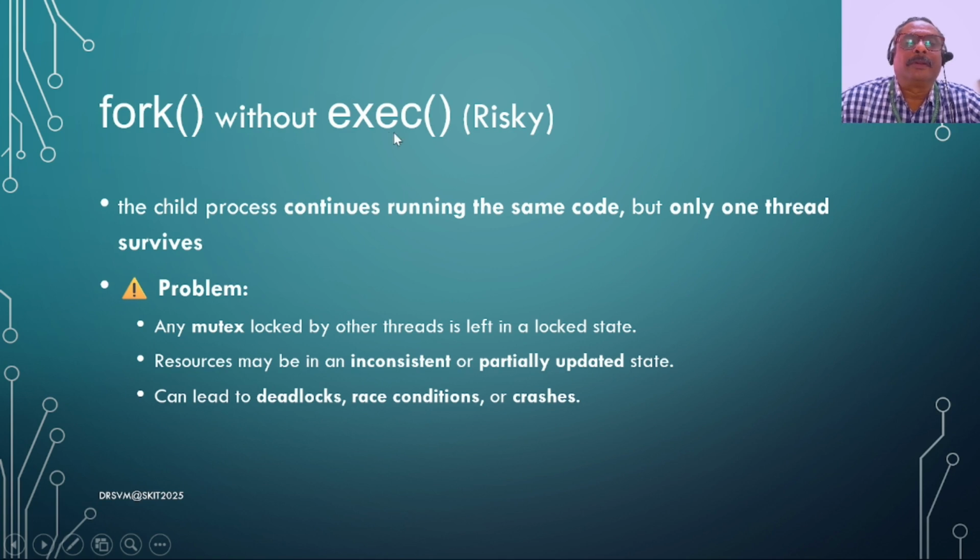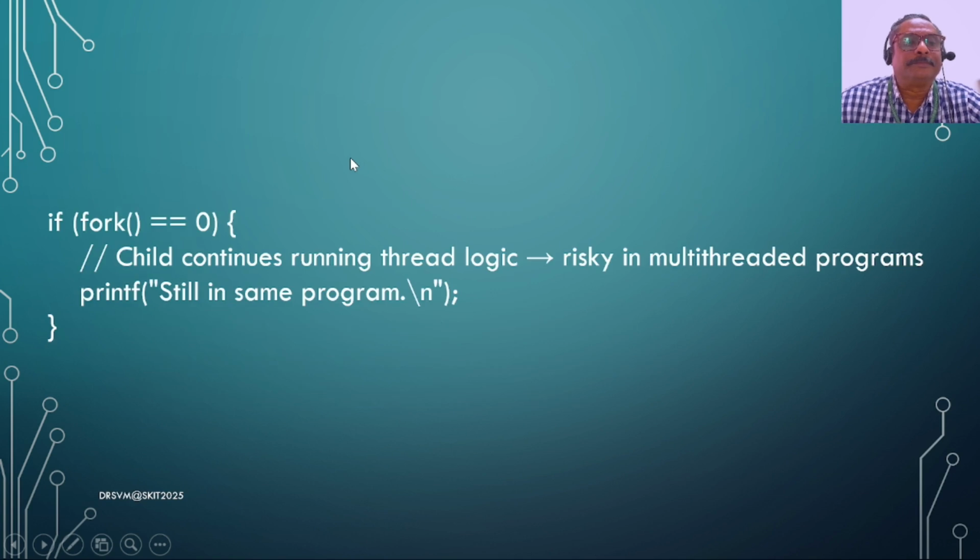So it is always recommended, when a thread is forking into a child, to use an exec command immediately after the fork, so that the child will create a new environment and other threads continue to exist, and they get their chance to run as and when the scheduler allows.